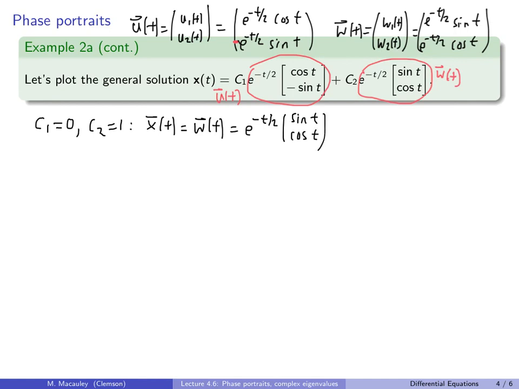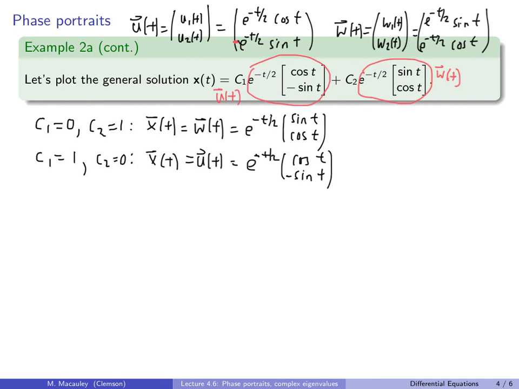And the other case is, suppose that C1 is 1 and C2 is 0. In that case, x of t is u of t, which is e to the minus t over 2 times cosine of t, negative sine of t. Okay, so what do these functions look like?